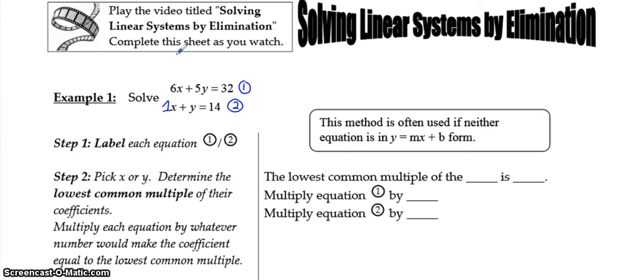The multiples of 6 are 6, 12, 18, etc. And the multiples of 1 are 1, 2, 3, 4, 5, 6, etc. And the lowest multiple that is common to both is 6.